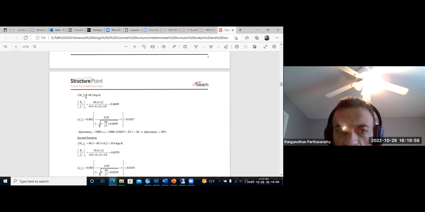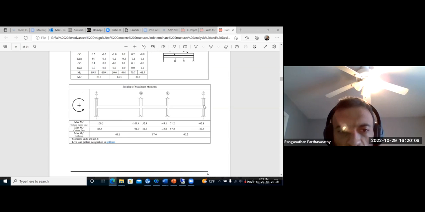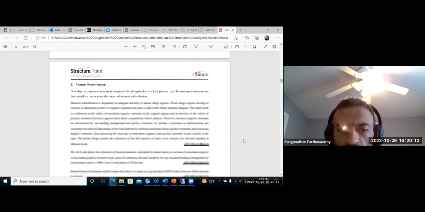We have a given moment of 49.3 kip-foot there at support D. You can see as per the moment envelope, maximum negative moment is 49.3 kip-foot. So we want to reduce that.